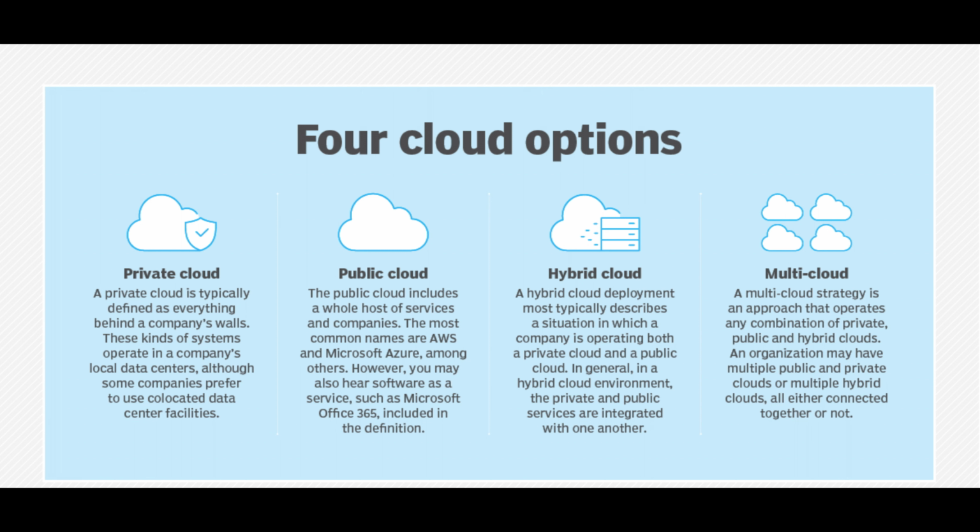These kinds of systems operate in a company's local data centers, although some companies prefer to use colocated data center facilities. So it's all about who will manage and maintain all the resources, tools and technology within a private cloud. It's all the responsibility of the consumer.